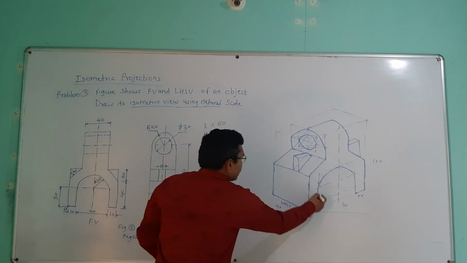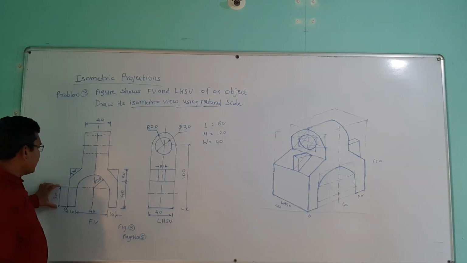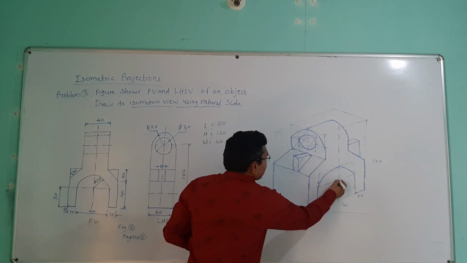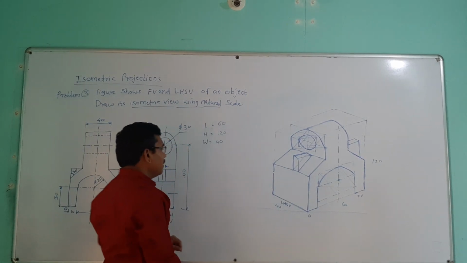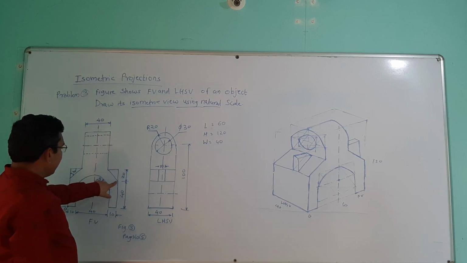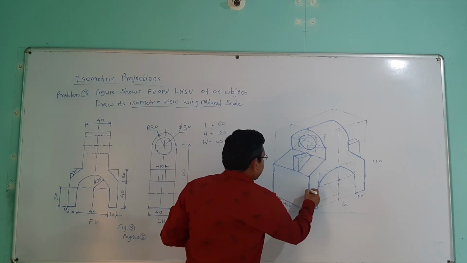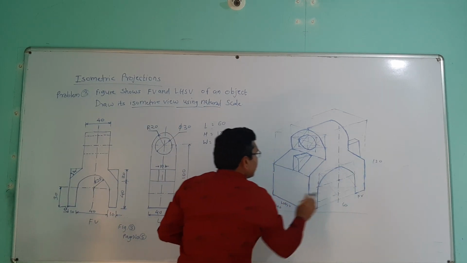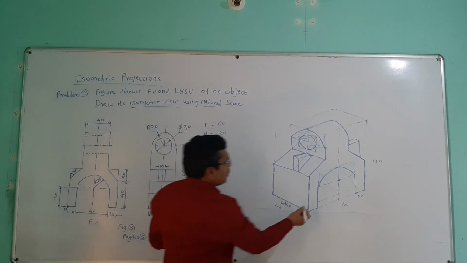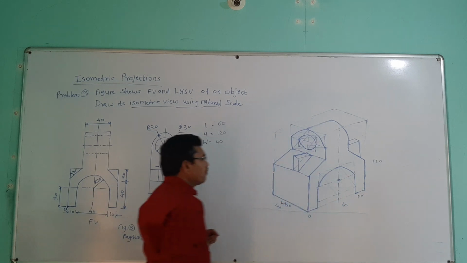Let us mark these two symmetric flanges of given dimension, say 30 mm height, and then the center point. So this is the center point. Then this outside height is 40, so greater than that. Then let us mark the center point by drawing a vertical line and horizontal line.